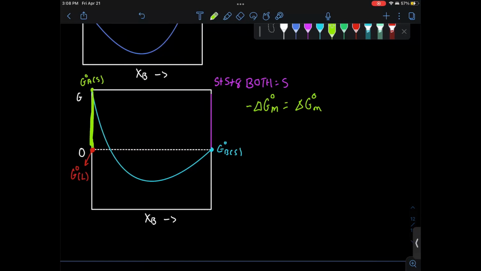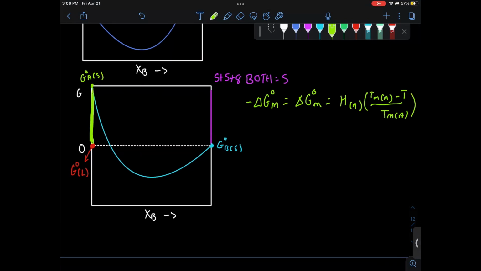And that's going to be equal to the same thing. Enthalpy there for A times the temperature of melting for A minus T divided by the temperature of melting for A. Perfect.